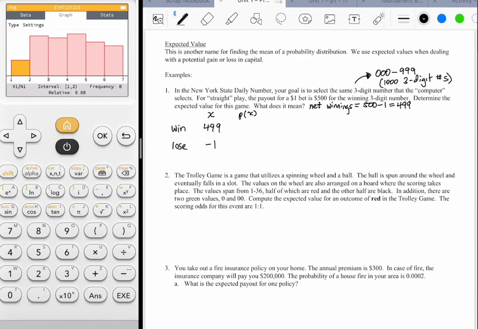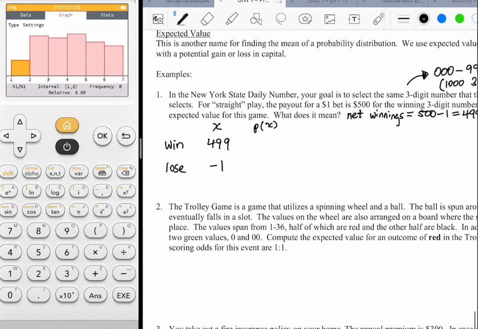Right? So I have a 1 in 1,000 chance of winning if it's straight play. That means that there's 999 times out of 1,000 that I'll lose. All right, and right there, that usually ends up being enough of a deterrent for people to wager. It's like, wait, 999 out of 1,000 times I'm going to lose this game? That sounds pretty awful.